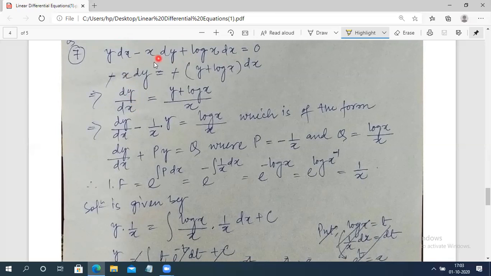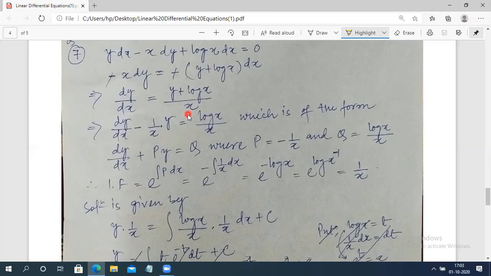So x dy is equal to, if you bring this term on the right hand side, it will be negative sign: negative y dx minus log x dx. So if you take dx common, it will get cancelled, and you will have dy by dx is equal to y log x upon x.